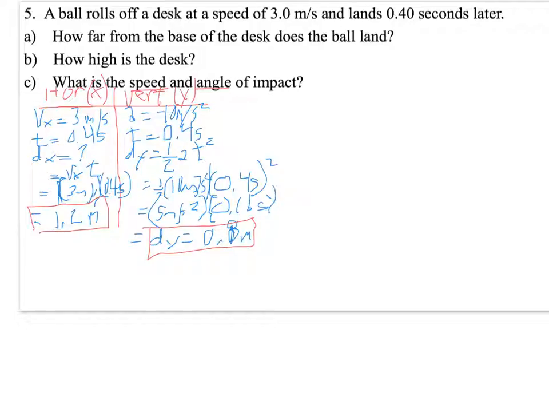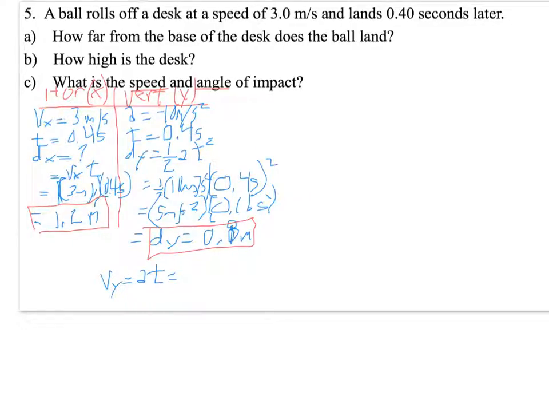We still need to get the speed of impact, and for that we're going to need to know Vy. How fast did it hit the ground? Well, in the horizontal component, we know its velocity was 3 meters per second, but we don't know the vertical component, but we can get it because for a falling object, we know that velocity is equal to acceleration times time.